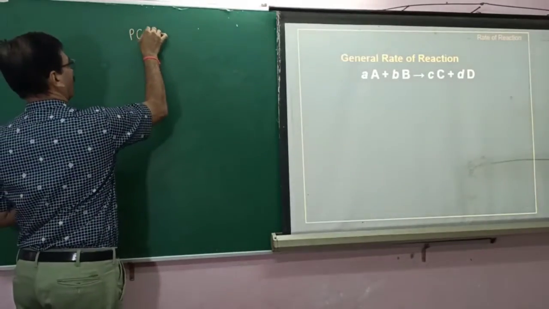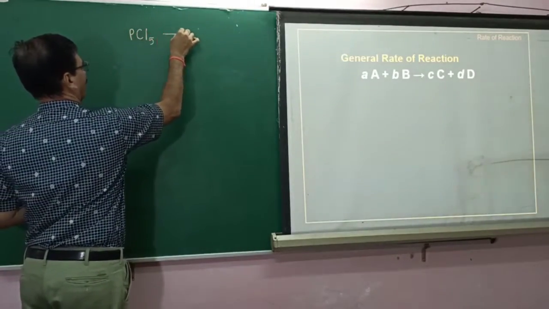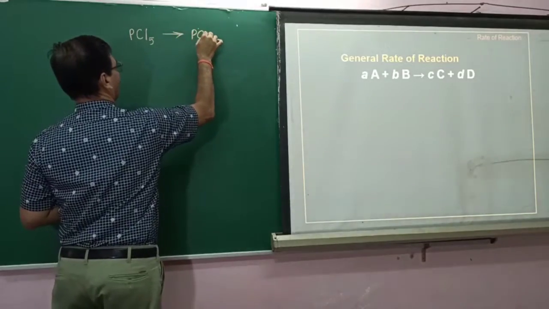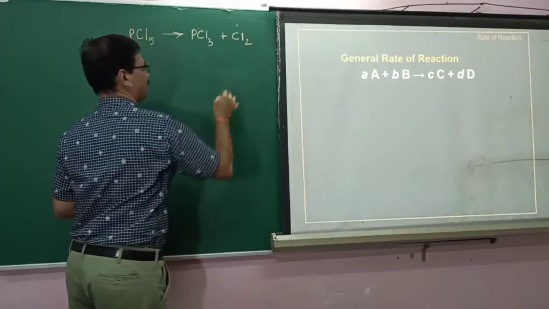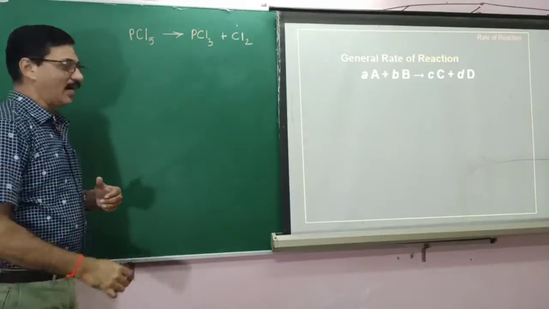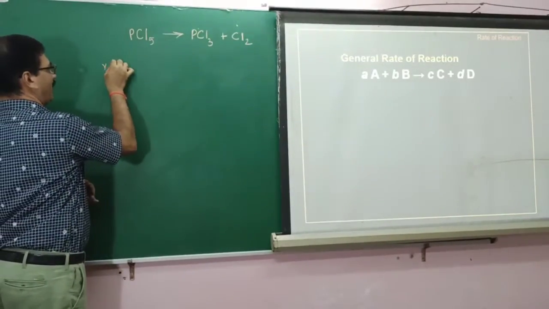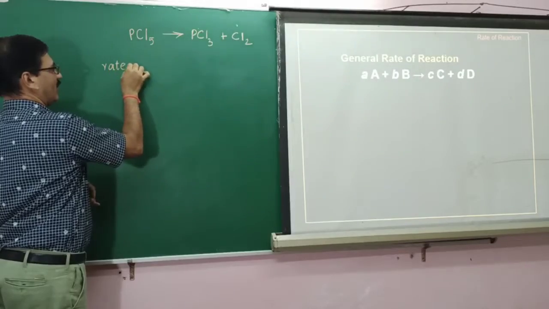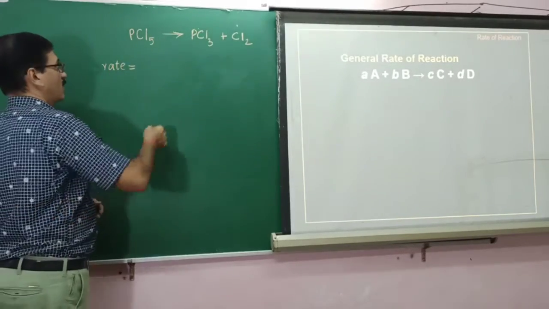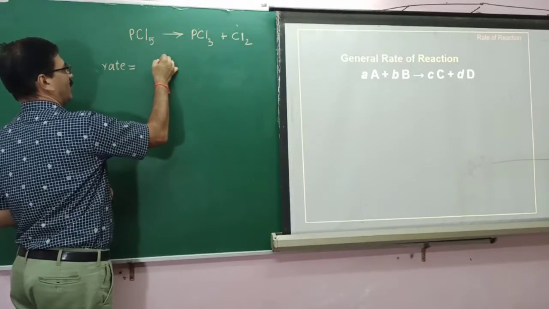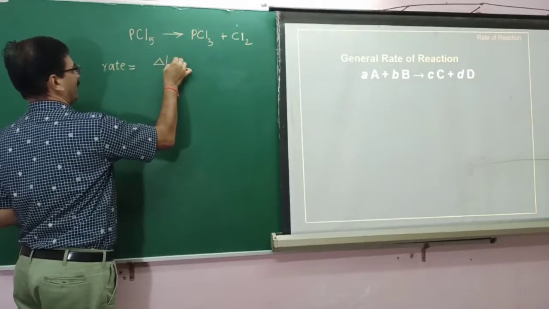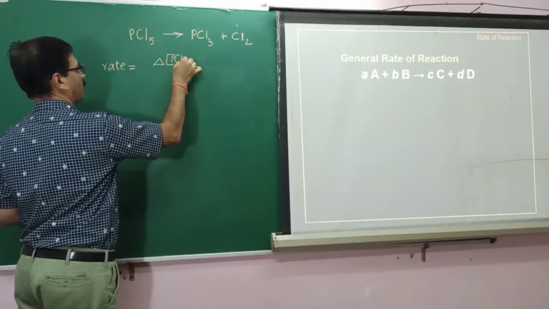Suppose there is an equation like PCl5 giving rise to PCl3 plus Cl2. If this is the reaction, then we can write the expression for rate as equal to the change of concentration of PCl5.